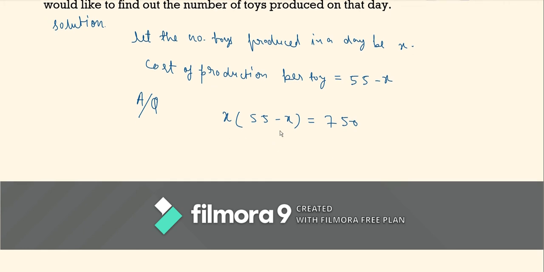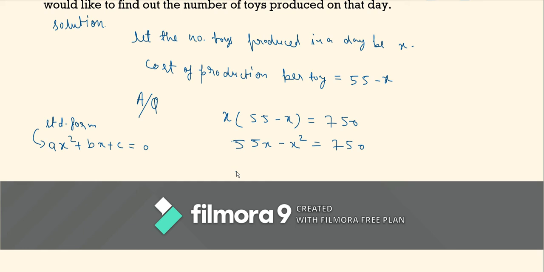So let's multiply them. It becomes 55x minus x square equals 750. Always try to write the equation in this form, because this is the general and standard form. So always try to bring the equation into this form. Let's do it.